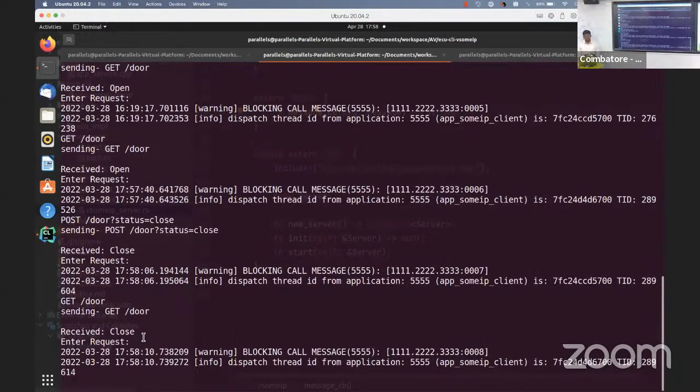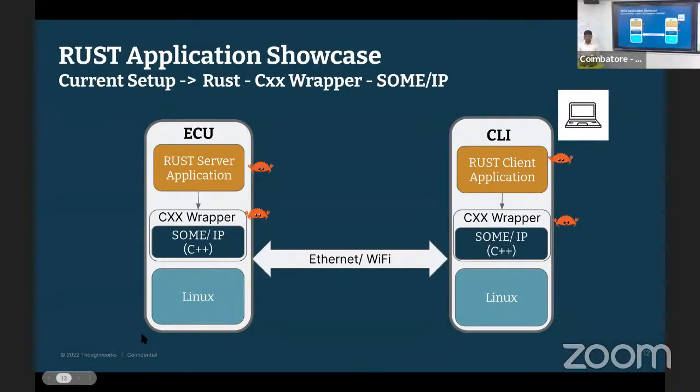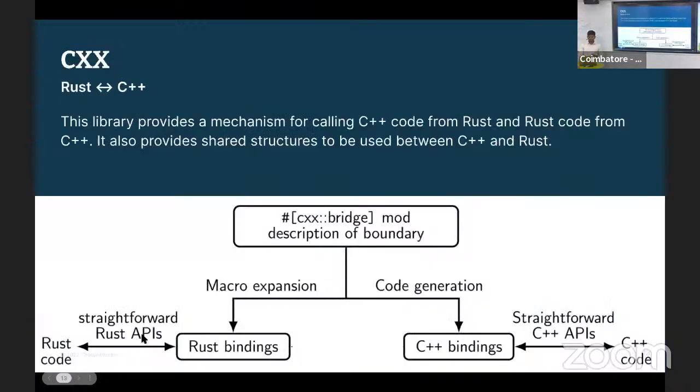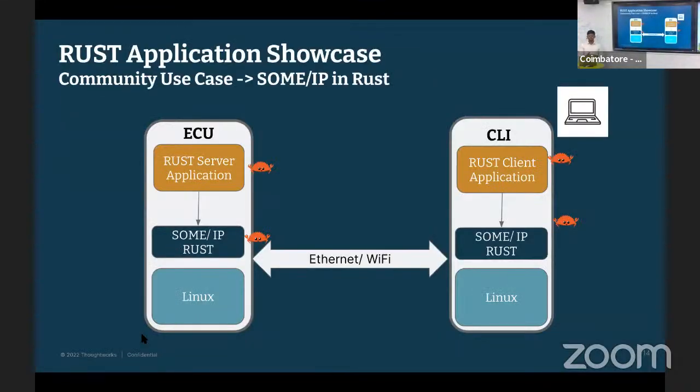So this is the POC that we did to explore SOME/IP with a CXX wrapper. Moving forward, we need to implement SOME/IP itself in Rust. We don't want to depend on any CXX wrapper. We need to use SOME/IP in Rust so that we can achieve much more performance.